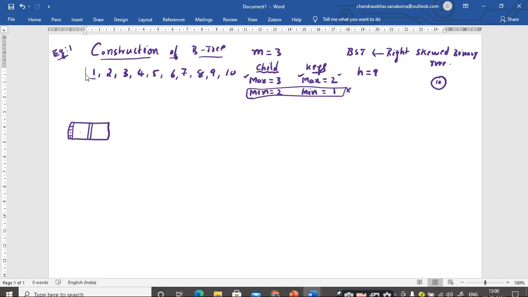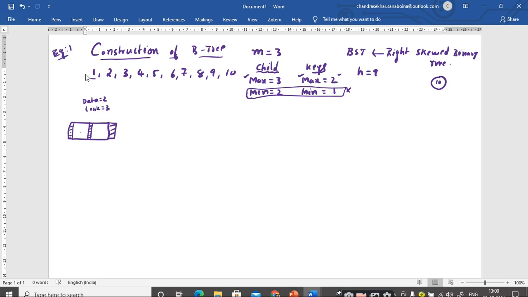So how many links are there totally? 3 links. How many data parts? 2. So we have 2 data parts and 3 link parts.